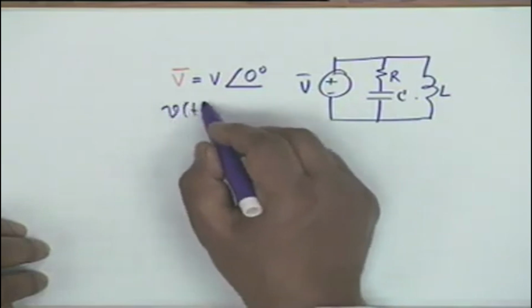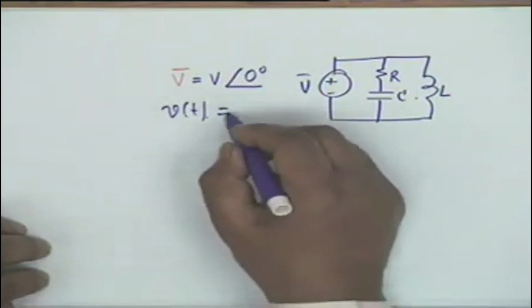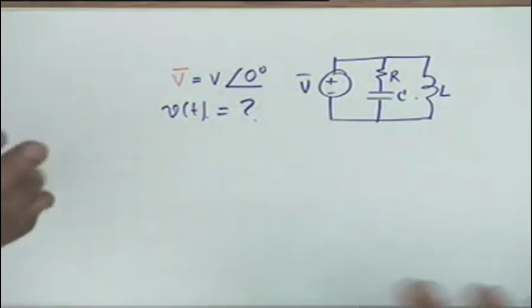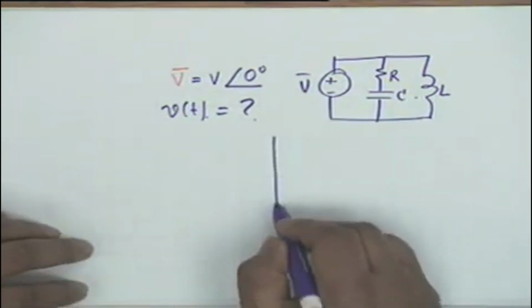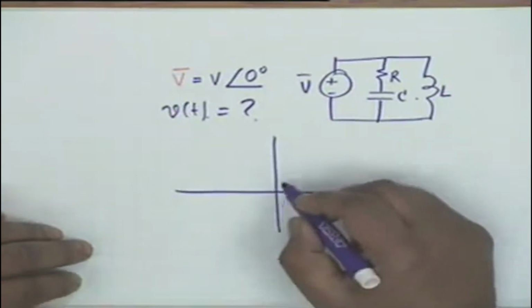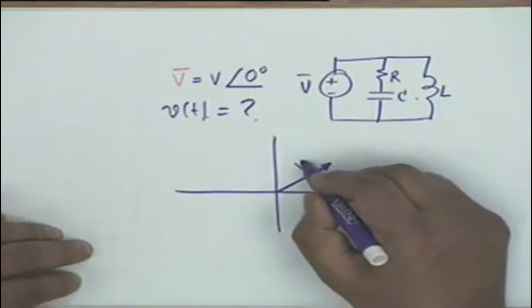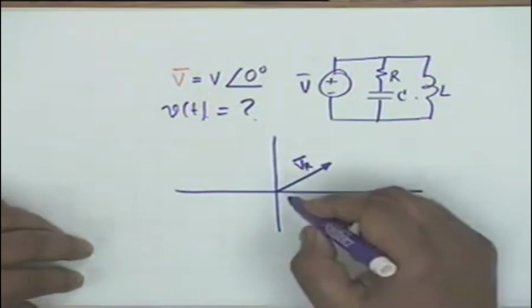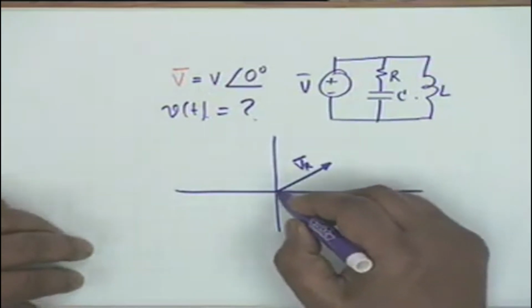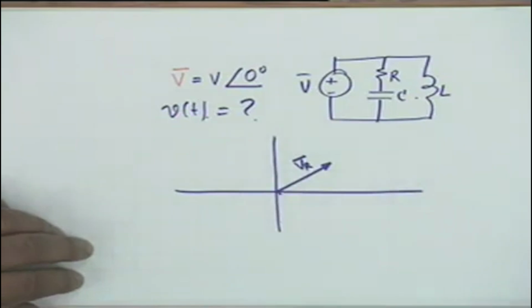Alright, let us pose the question like this, that our original vector diagram was like this. I had a VR in this direction and a VC was perpendicular to it. VC direction was this. This is the direction of VC.